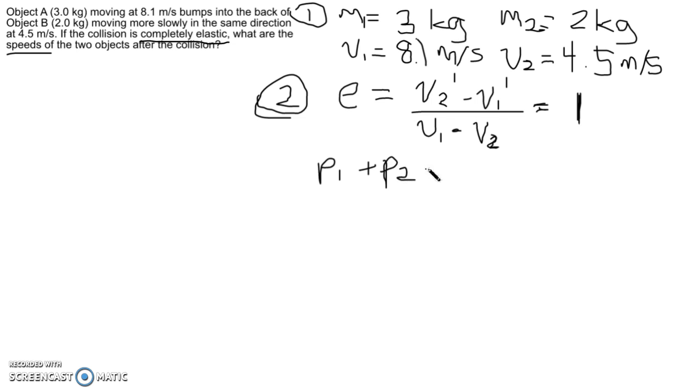The initial momentums are equal to the final momentums, and this is always the case in any collision, unless there's a change in impulse, which means there would not be a conservation of momentum. So we've shown the formula for the coefficient of restitution and the formula for the conservation of momentum. Those are the two things we're going to use to solve this problem.